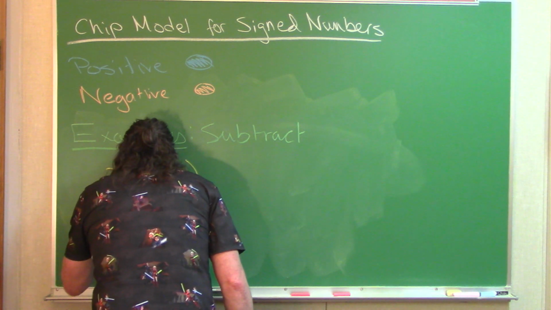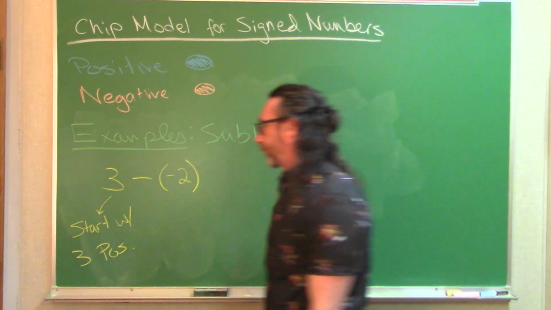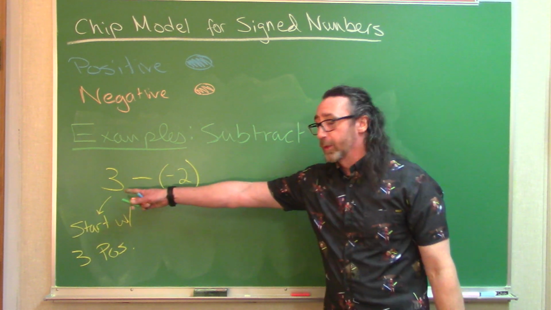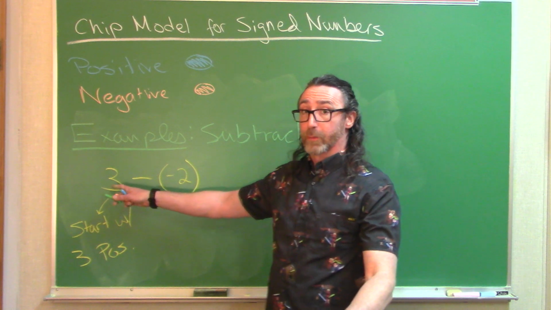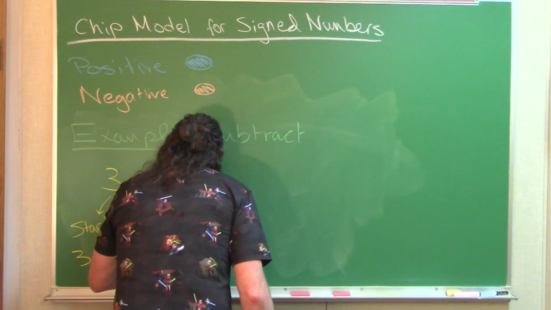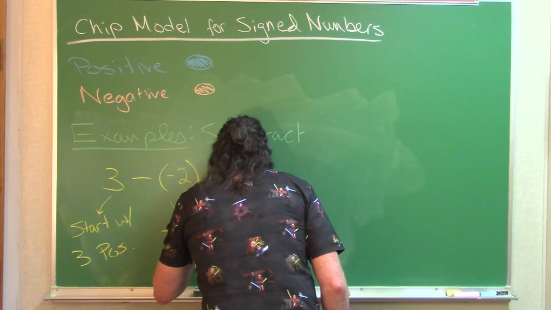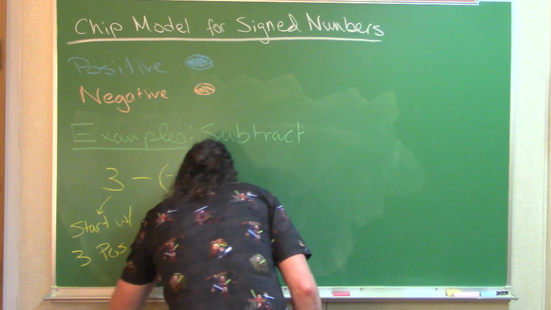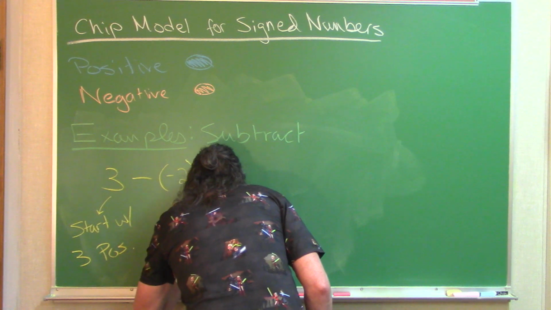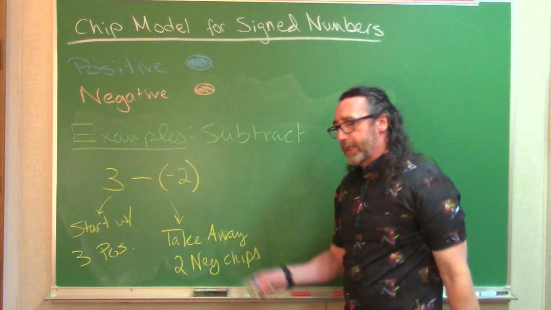So if I'm going to do the chip model, I would start with 3 positive chips. Okay, just like with addition. We start with whatever's here. And then take away 2 negative chips.